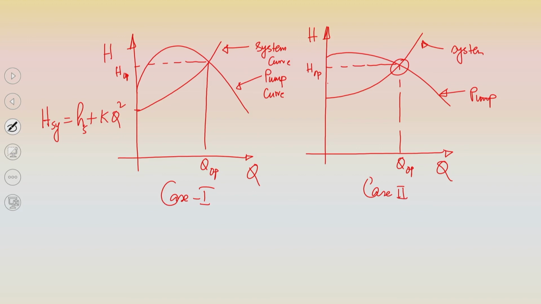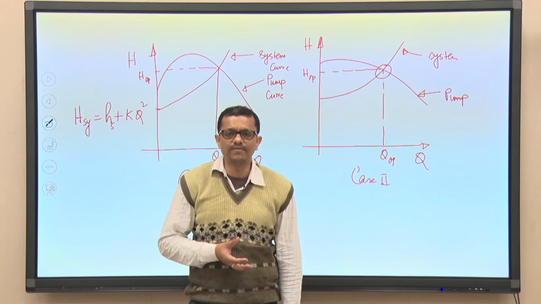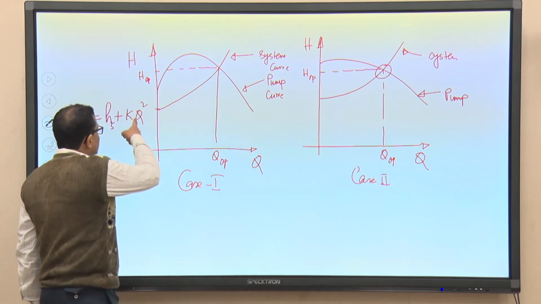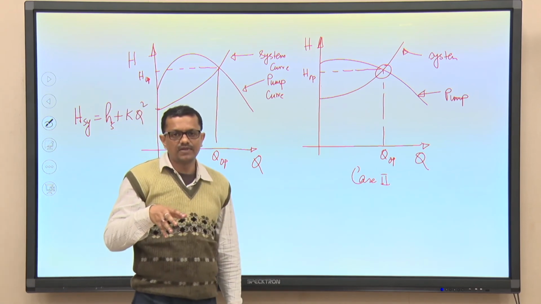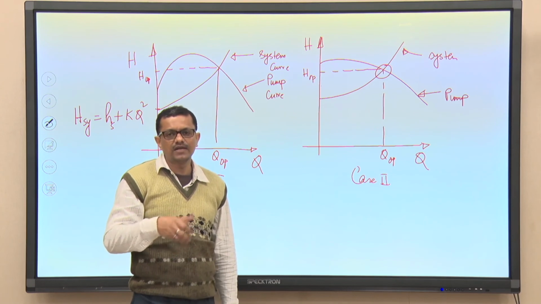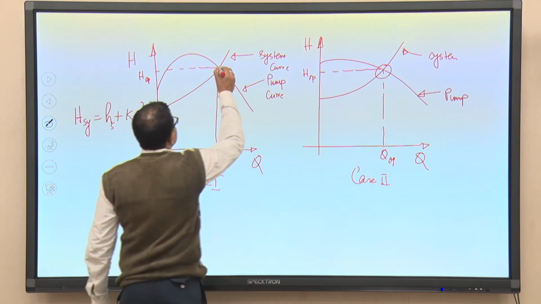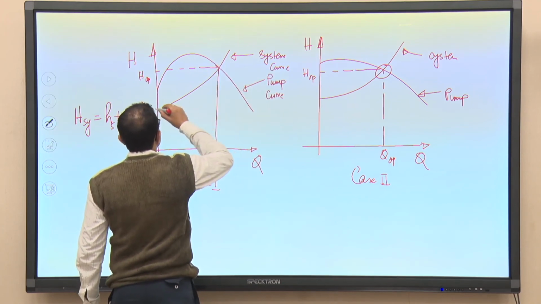Now, the pump operator who will be operating the pump does not know the fluid mechanics. What he can do is adjust the needle of the delivery valve. If he closes the delivery valve, then definitely Q will be reducing.